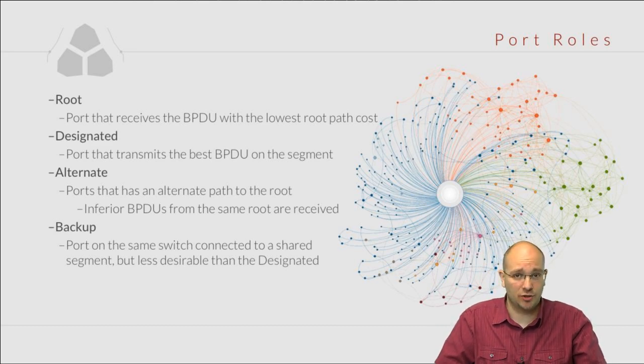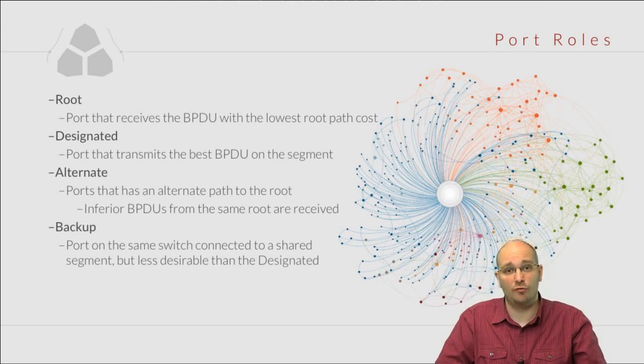One is the alternate port, which is simply the port that is transmitting the BPDU that is superior to our own BPDU, but it is inferior to the BPDU received on the root port. These ports are going to be in a blocking state, but we know that we can actually reach our root through them.